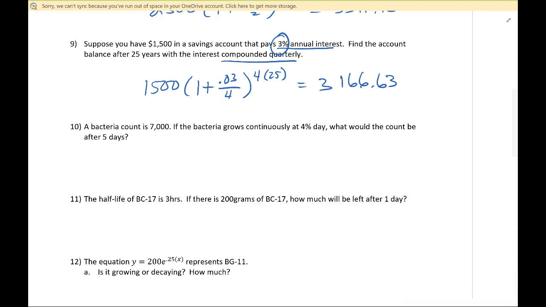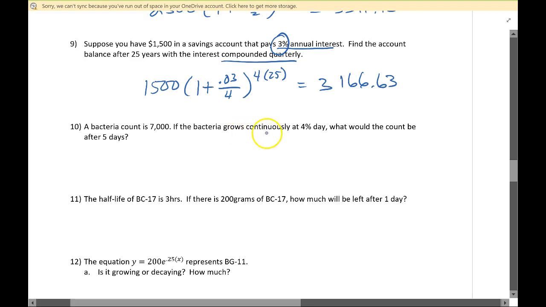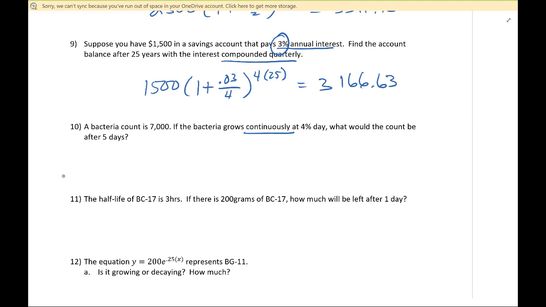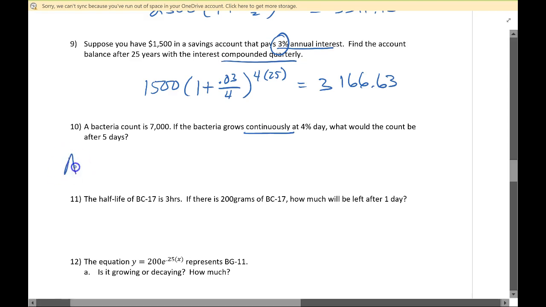All right, on to number 10. Now, you have to pay attention when you read all of these problems. If you notice in this next problem, it says continuously. And so in class, we talked about this. When it's continuous, an infinite number of times, there is a limit to that, and we talked about the number e. And so the equation we use for this is A equals P times e to the RT. And if you forgot on your calculator, the e is from the second key, you push the second key and then division.